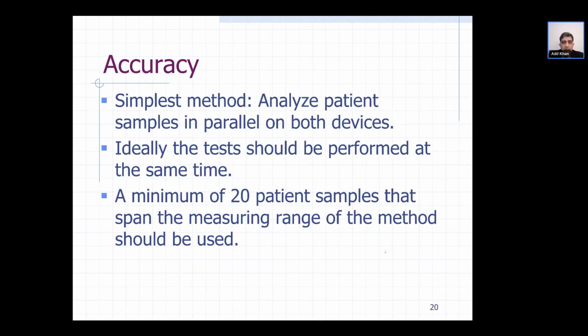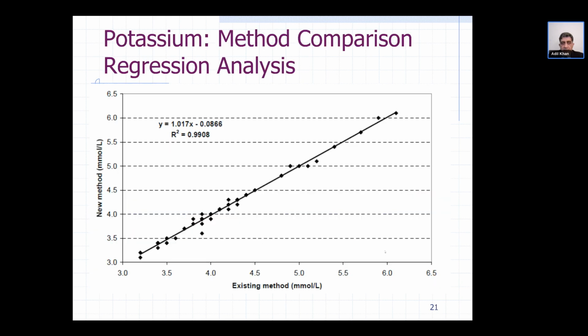So the simplest method would be to analyze the samples in parallel on both devices. Ideally, the test should be performed at the same time. A minimum of about 20 patient samples that span the measuring range are used.